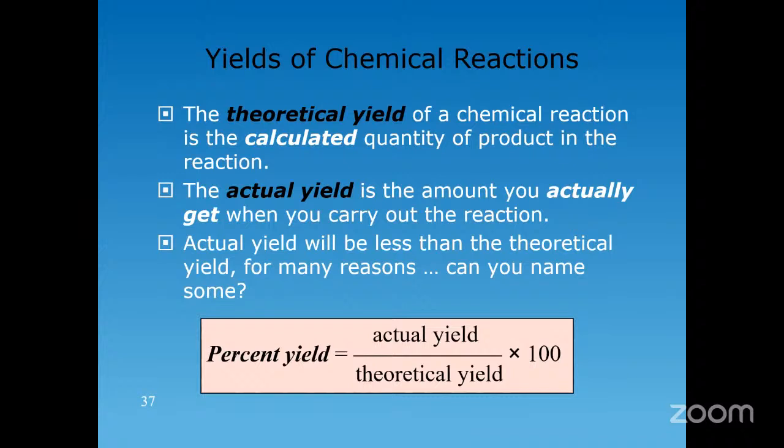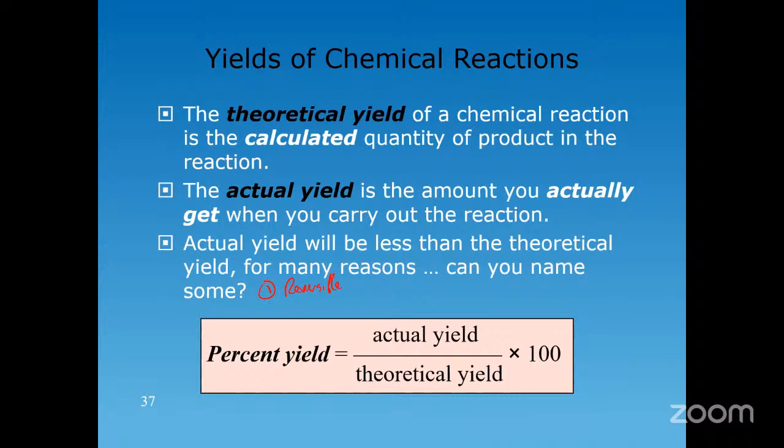Now, an interesting question being asked: why is it that in most cases the actual yield will be less than the theoretical yield? And there are a couple of reasons why. One of them would be reversible reactions, right? In other words, the product that is formed for the reaction going in one direction will itself react to get back the reactant.